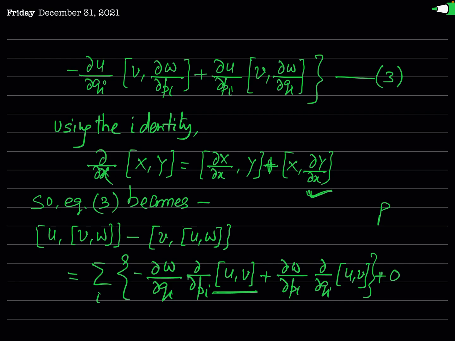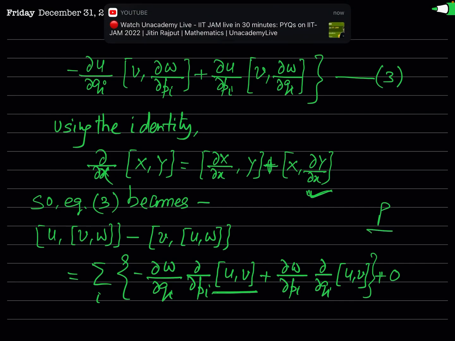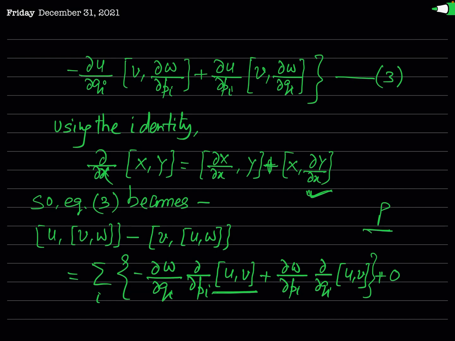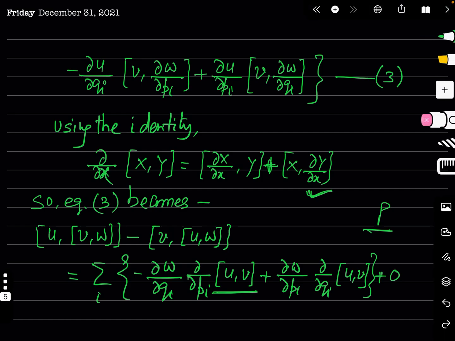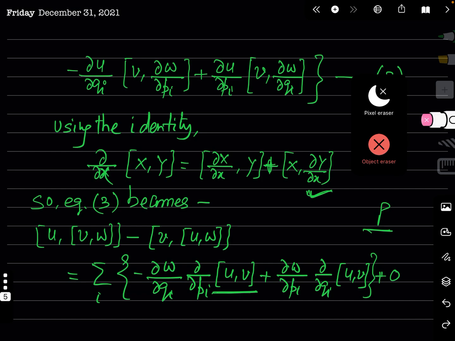So this will be simply the Poisson bracket of w and p, but p you have assumed instead of this Poisson bracket of u and w. Sorry, here there is minus.